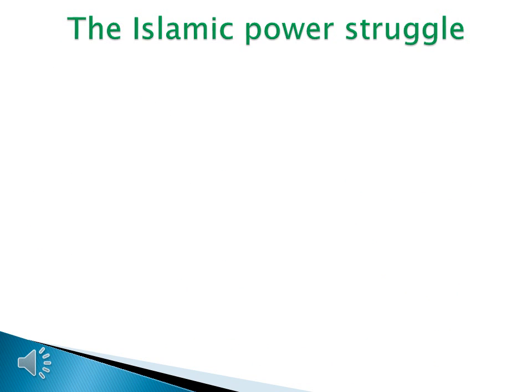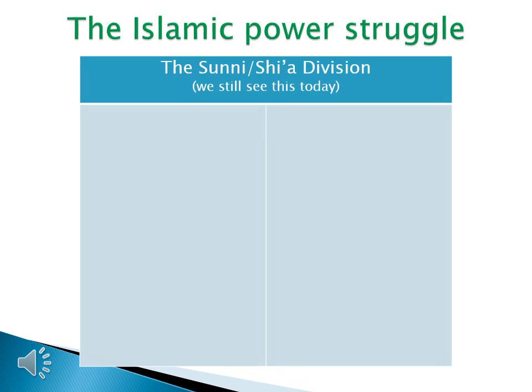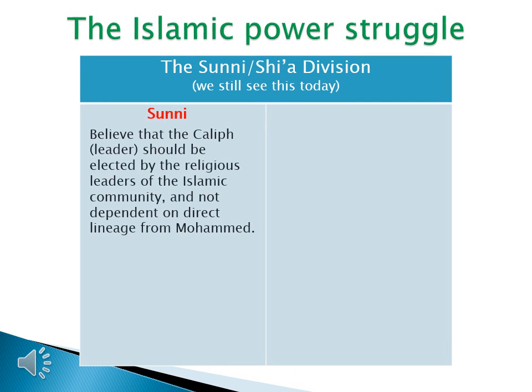The Islamic power struggle is a true glimpse into history because the Sunni Shia division, we still see this today. Let's talk about the Sunni. They believe that the caliph or the leader should be elected by the religious leaders of the Islamic community and not dependent on direct lineage from Muhammad. In other words, the religious leaders in Islam elect the person who they believe will best lead the religion.